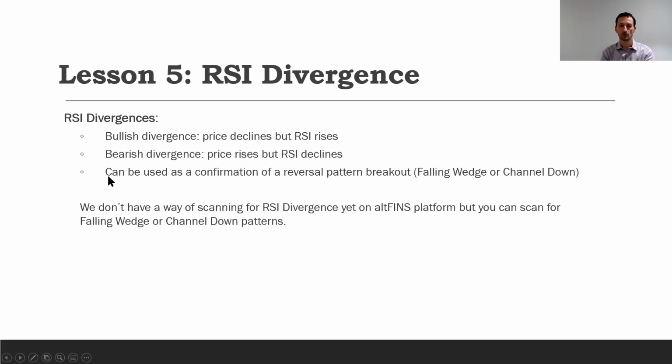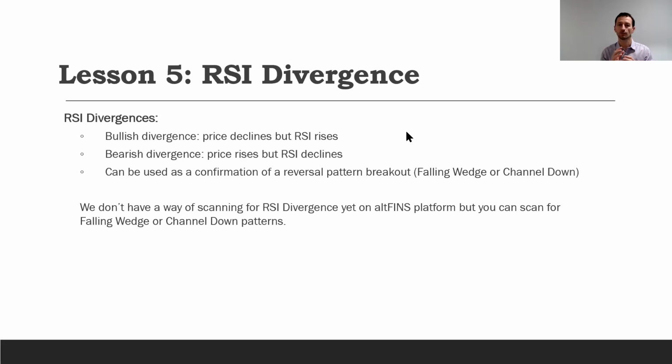Now, what I've written here is that these, especially the bullish divergence situations, can be used as a confirmation of a reversal pattern. A lot of times divergences in general are not enough, and that's typical of any indicator. You want additional supporting evidence. Just using RSI or just MACD or just stochastic is not enough.